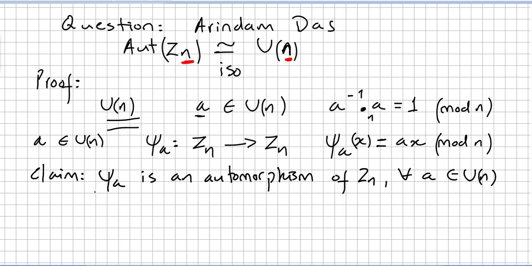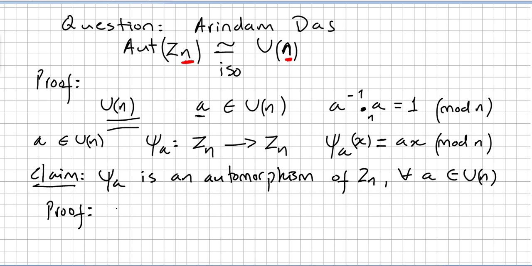So this is the claim. I claim psi of a is an automorphism of Zn for all elements in the group of units. If I claim that, I have to prove it.